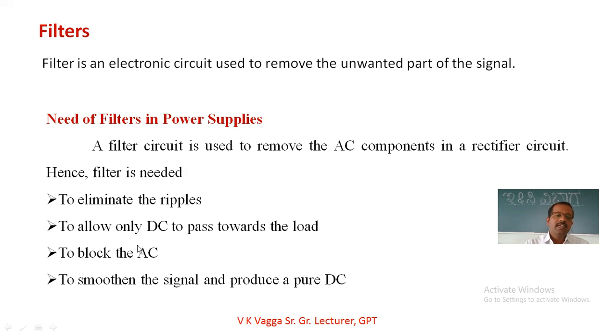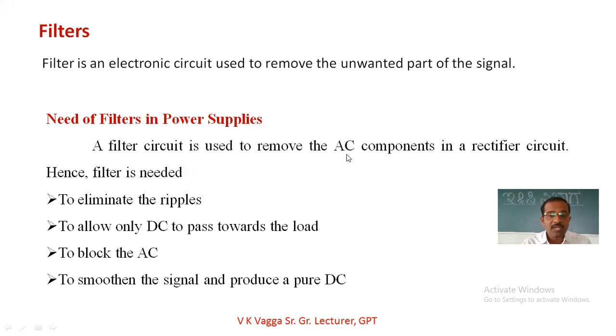This is the actual requirement or operation of the filter. Okay, I'm going to repeat here. A filter is an electronic circuit used to remove the unwanted part of the signal. So a filter is used to remove the AC component present at the output of the rectifier. At the output of the rectifier, there is a small amount of AC as well as the DC, which is why it is called pulsating DC.